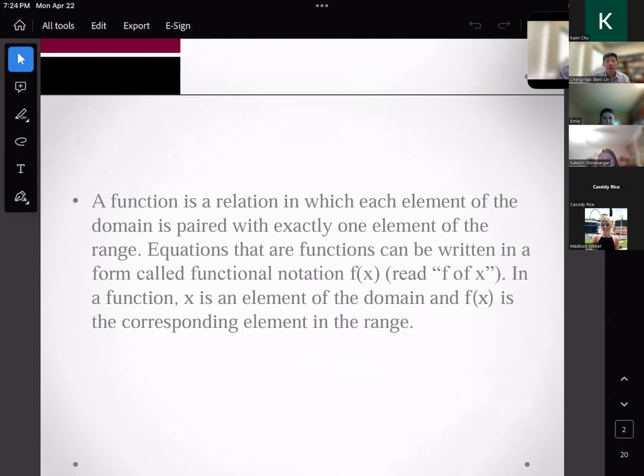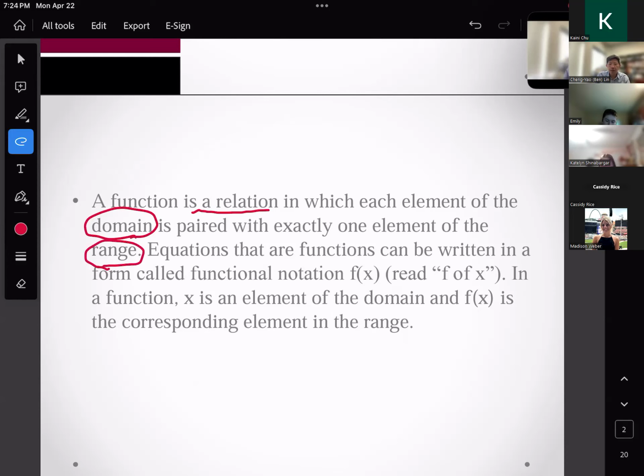Now here's a definition for function. What is the definition here? Here's a definition: a function is a relation in which each element of a domain, okay, we have a domain, tells exactly one element of the range, right? We have input and output. Input is the terminology called domain, x. Range is y, right?